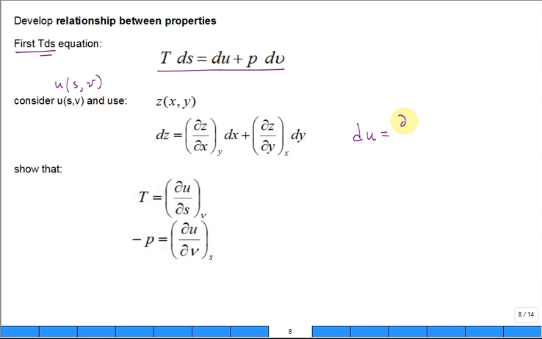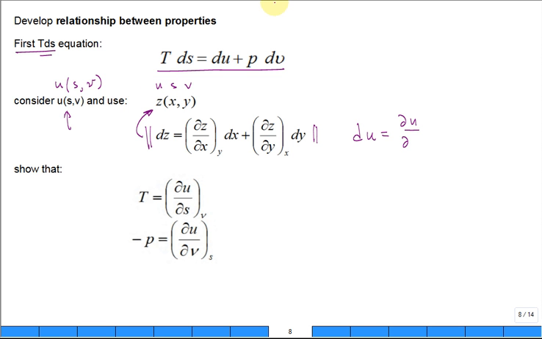We adapt this equation, which is in general applied to this, but now we're applying it to there. U is a function of S and V. So here, U, S, V.